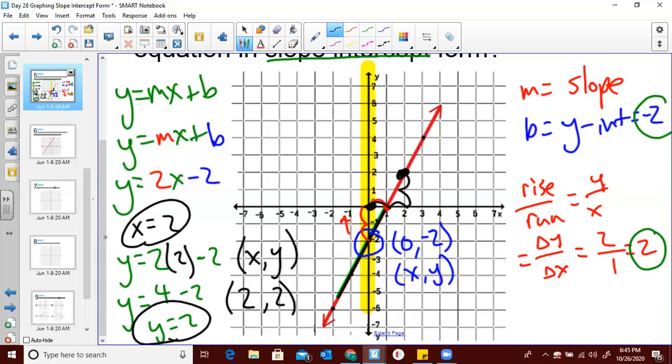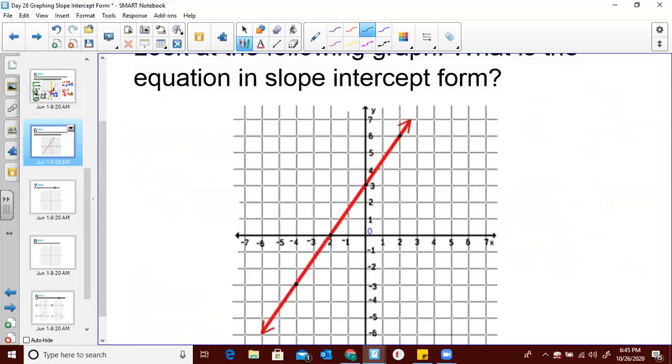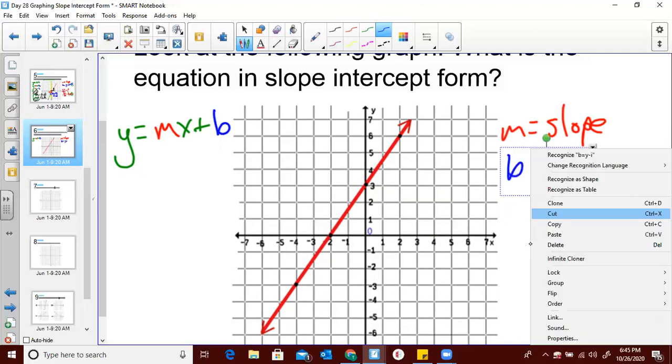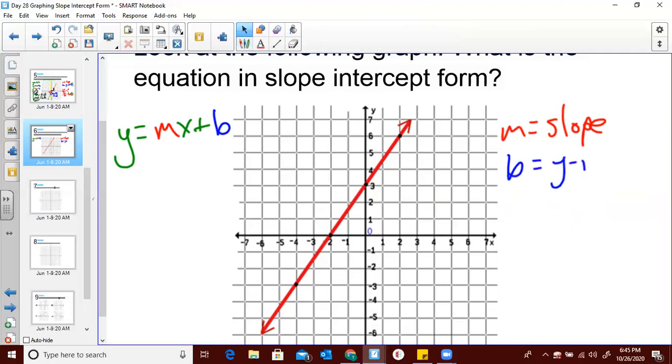All right, same thing. We know that we have y equals mx plus b, where m equals slope, and b equals y-intercept.